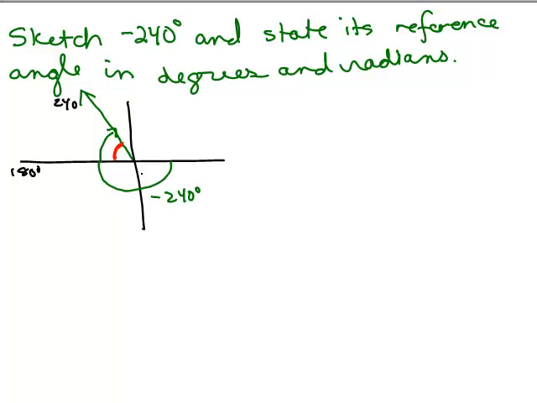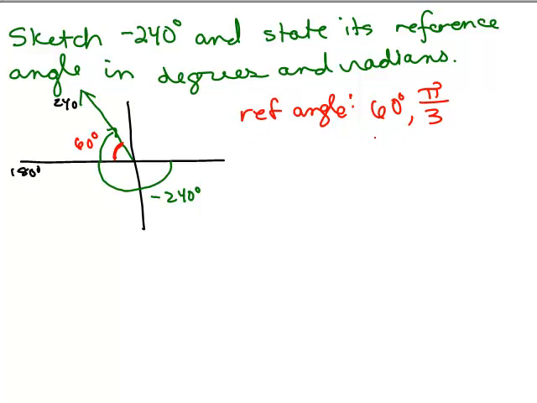In other words, you could think of this as negative 180 and negative 240, but it's basically going to be the same. What's this difference right here? That would be 60 degrees. So the reference angle is 60 degrees. And if you change that to radians, that would be pi over 3.